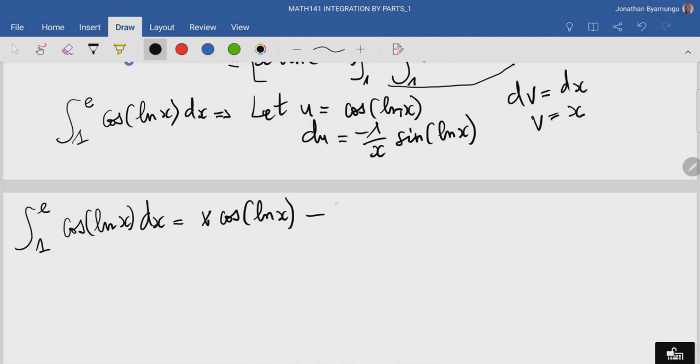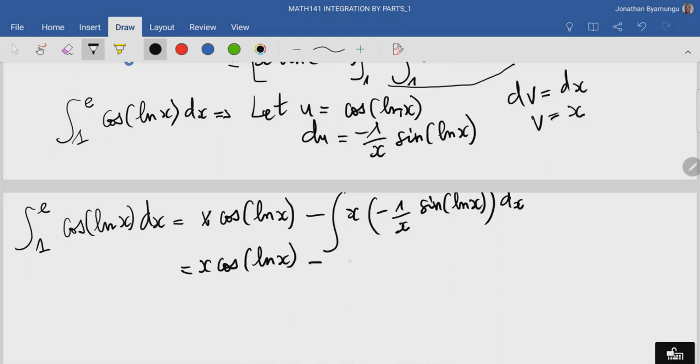minus the integral of v du, which is x multiplied by negative 1 over x times sine of ln of x dx, which is equal to x times cos of ln of x minus, so that's plus, the integral of, the x can cancel as well, so the integral of sine of ln of x dx, evaluated from 1 to e, sorry.